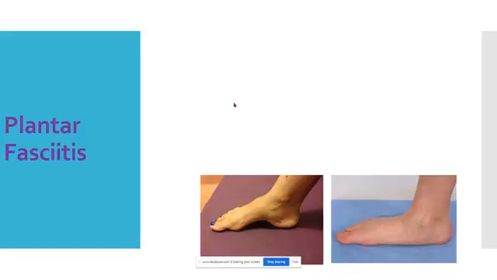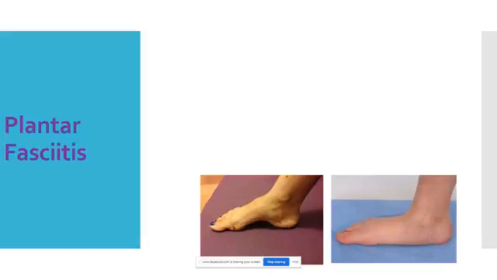Okay, next up, plantar fasciitis. Here's a good picture of what a good foot arch looks like, and then another really good picture of what a totally collapsed arch looks like. This guy's got no arch at all. Our feet were designed like this so that they could distribute the forces when we're walking, squatting, running.